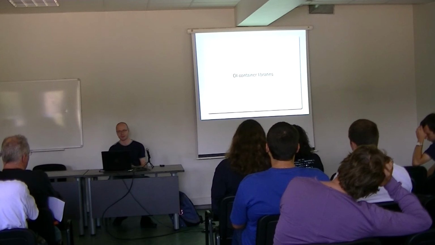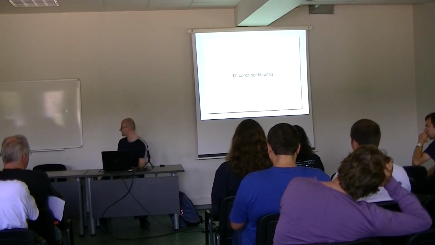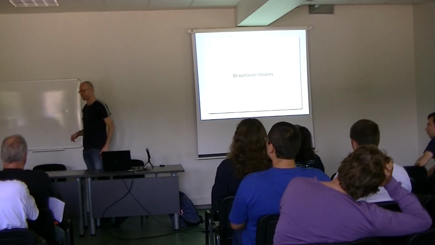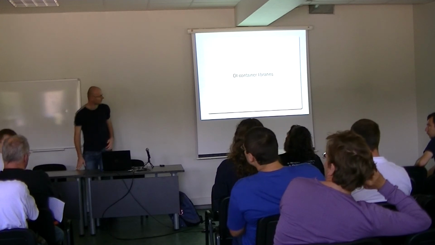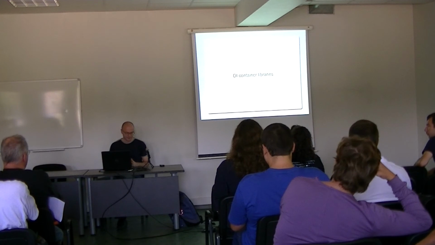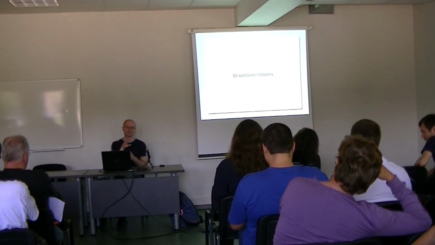So the container libraries, what do they do? Anyway, if you have class A that uses class B, that uses class C, and let's say D, then you have a tree of objects.